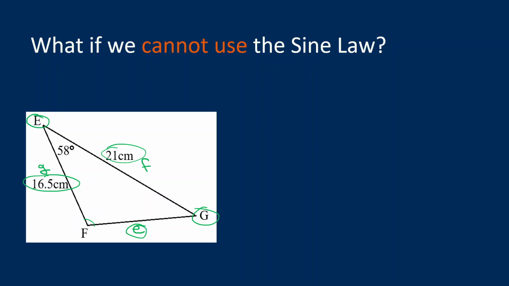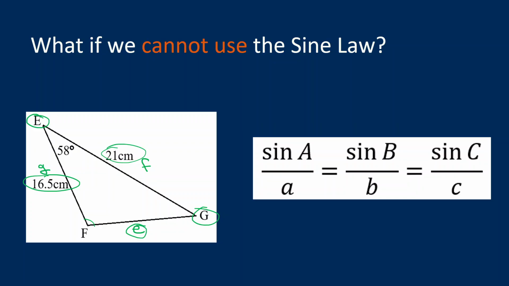I don't know both pieces. And if I don't know both pieces, I can't use the sine law. Uh-oh. It doesn't work. You have to have one of these fractions completely known to set up the sine law and use it to solve.